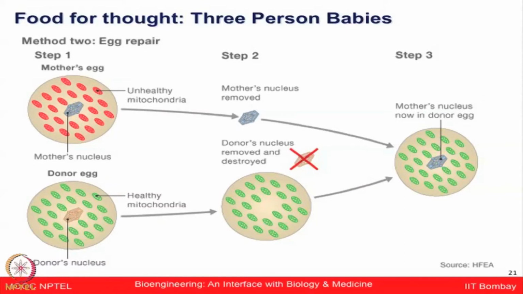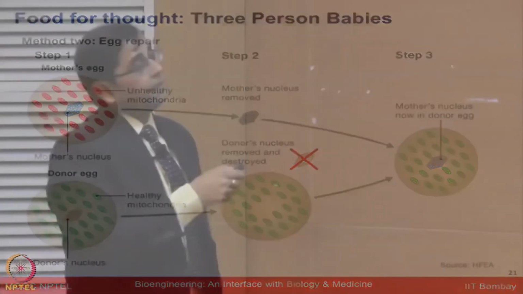At both levels they have tried it. If you want to change the embryo, you again remove the nucleus from there, use the donor embryo, fuse those two together, and then put it back in the same original woman. Or in this case, egg repair has happened. So they tried both ways, embryo repair and egg repair, and that resulted in, I think, quite an interesting and healthy child who would have overcome those issues.